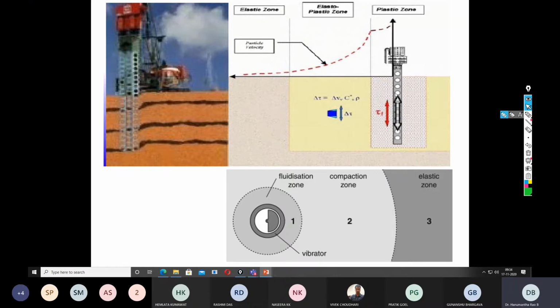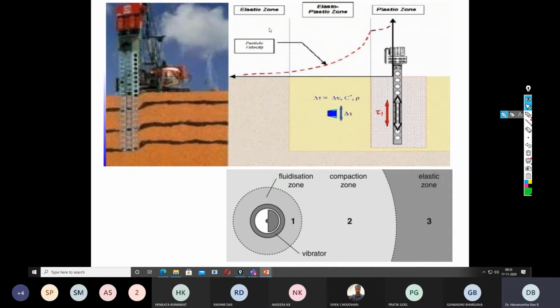Right adjacent to the probe, the zone is called the plastic zone. That means the soil is completely sheared, and all the particles are under floating condition. That's why it is called the plastic zone. Then adjacent to the plastic zone, the soils are in the elastoplastic zone. This is the zone which typically undergoes the compaction, followed by the elastic zone.